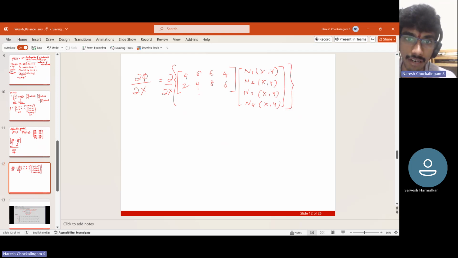So it's a matrix vector product. This matrix is independent of x and y, so this derivative will act only on the second vector.